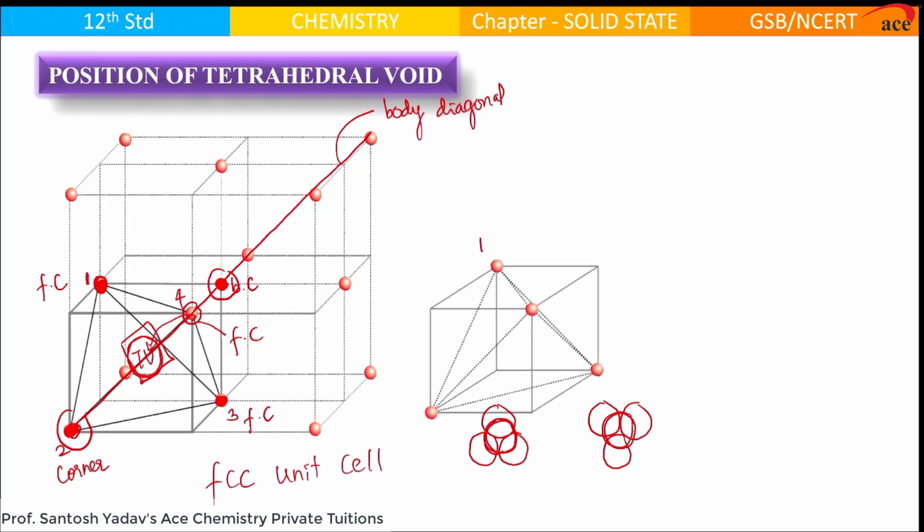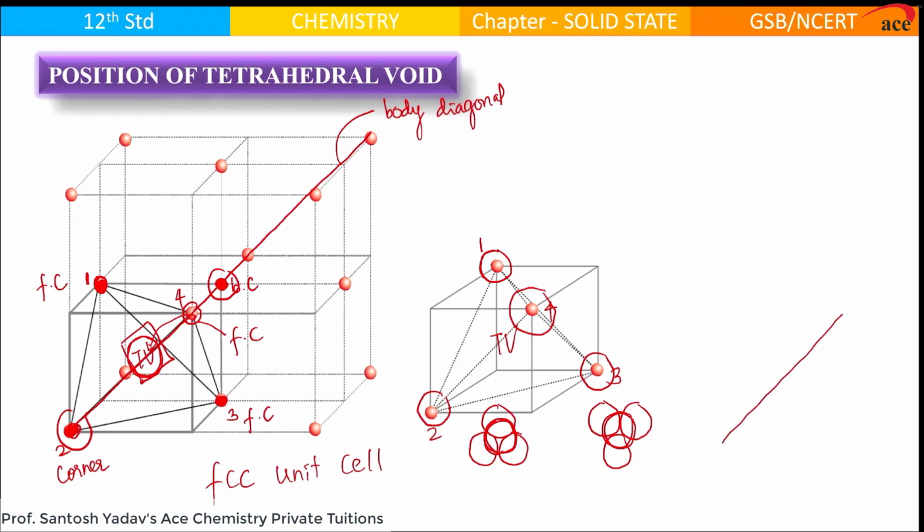You have to imagine sphere number 1, sphere number 2 and sphere number 3 making a tetrahedron, and sphere number 4 placed over those 3 spheres. Whatever empty space you get is called a tetrahedral void.